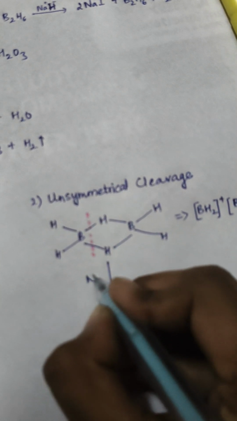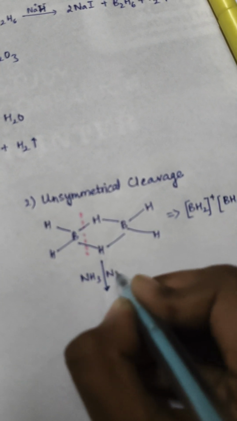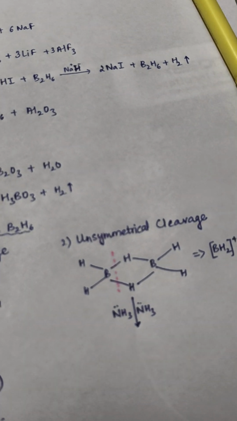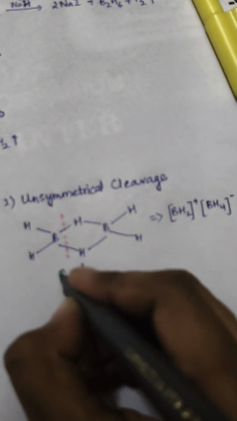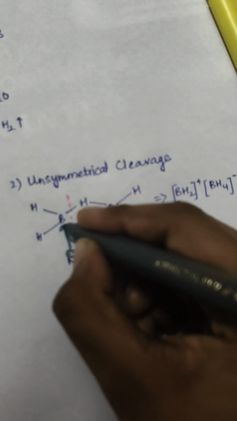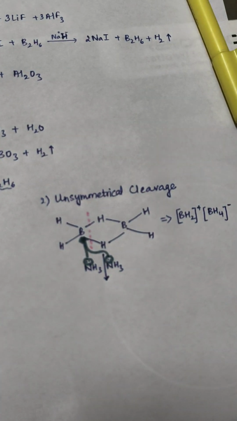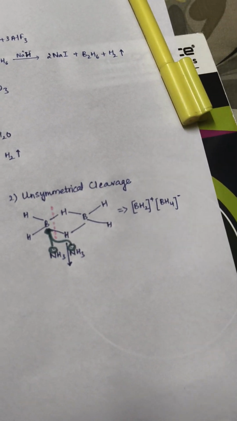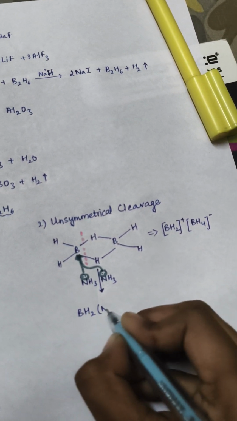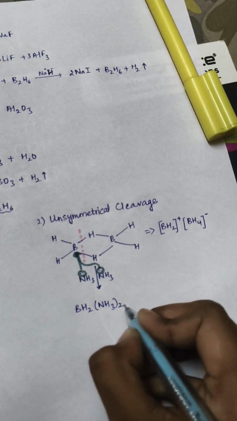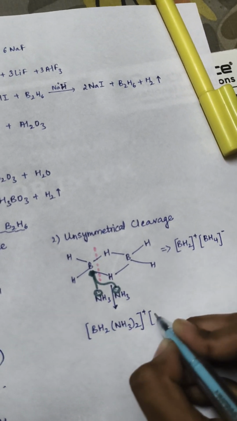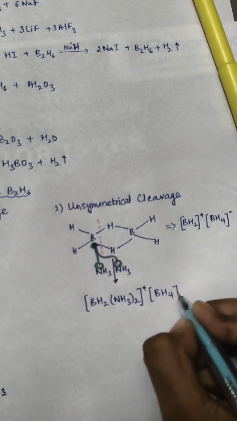And now when you have NH3 and NH3, you have a lone pair here. The thing here is both the lone pairs go to the same boron. So now it's basically BH2(NH3) taken twice, positive, and BH4 negative.